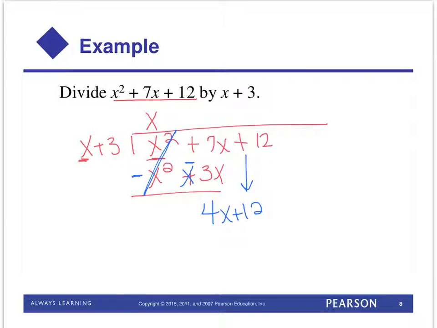Very good, a 4. So we're going to multiply by a positive 4. So 4 times x is 4x. 4 times 3 is 12. Again, you change everybody's sign. That becomes minus, and that gives us a remainder of 0. And if you were to FOIL that back together, it would work.